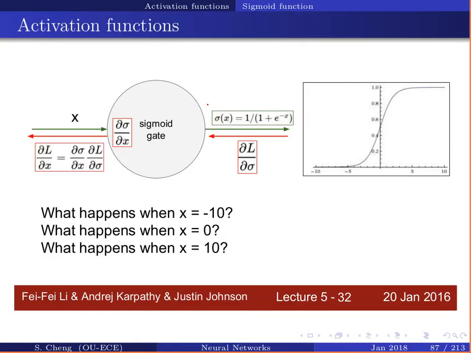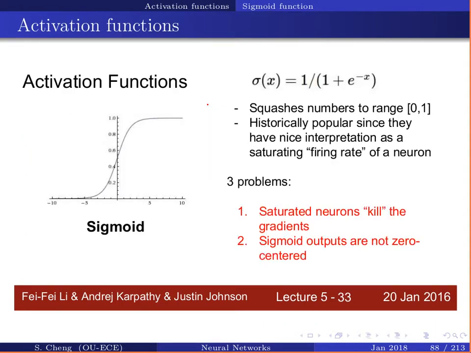Another problem here is that the sigmoid function is not centered at 0, or the output doesn't have a 0 mean.